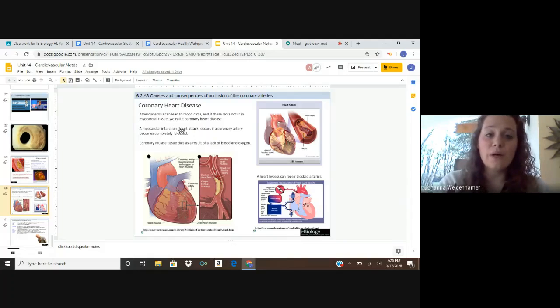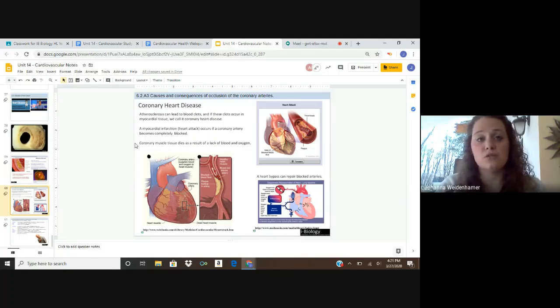So when a heart attack occurs, you can see in the picture here, it's because the plaque has built up, there's blood clotting, the oxygenated blood cannot move through that artery and cannot bring oxygen to where it has to go. So looking at that picture. And last but not least here, coronary muscle tissue dies as a result of a lack of blood and oxygen, just like any other muscle would.